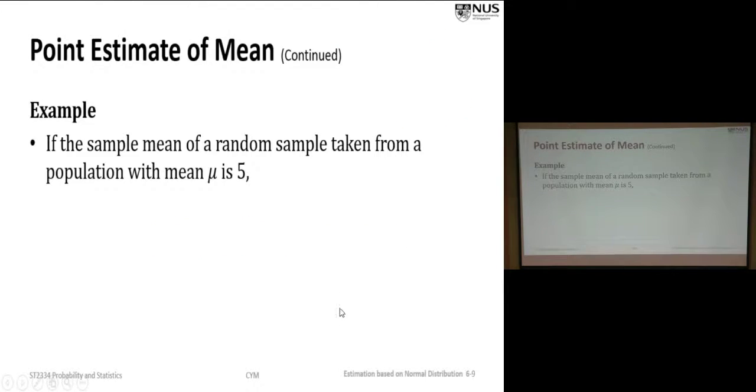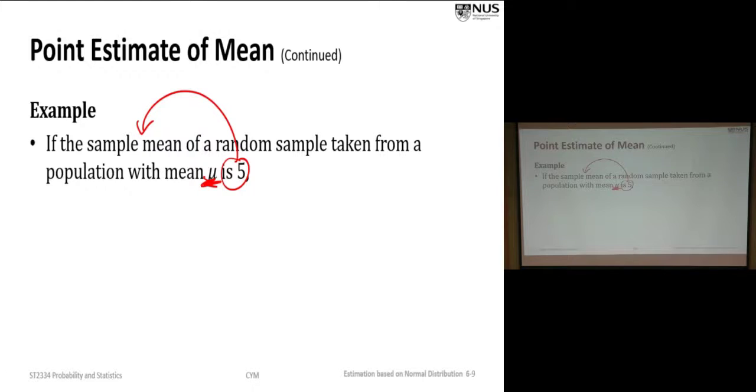That one is called a point estimate because it gives you an estimate which is just one value. So a point estimate. Later on, we'll discuss something called interval estimate or interval estimator. So if a sample mean of a random sample taken from a population with mean mu is 5, this 5 refers to the sample mean, it does not refer to mu. We don't know the mu.